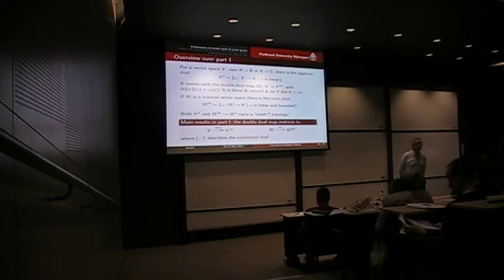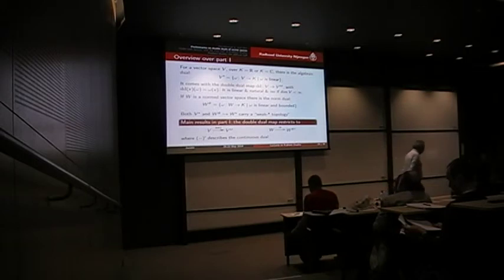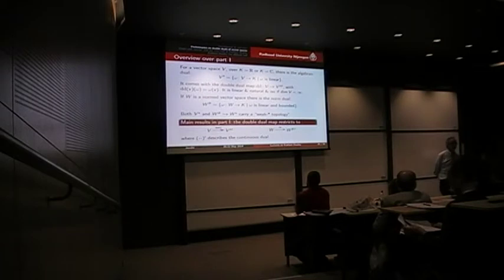Because with the axiom of choice, you can always choose a basis, so you can prove that the double dual has the same dimension as the space, and you can always take this map, so you can prove that they are isomorphic.